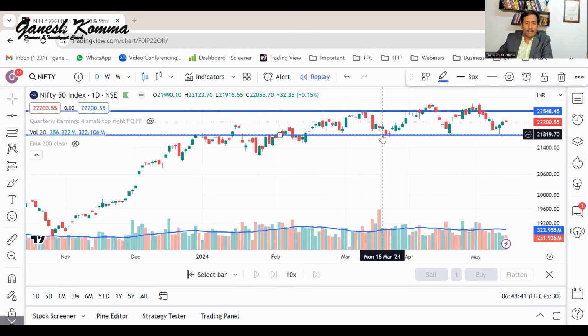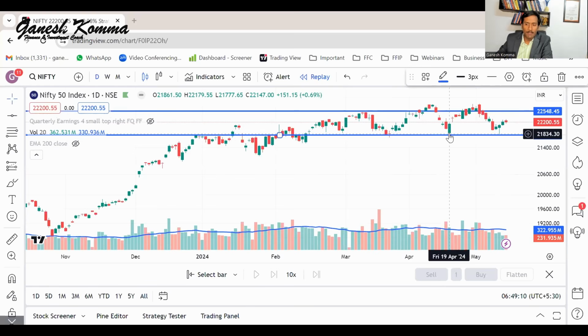If you're analyzing a particular stock or this index, even here you see that the index has advanced, and from December it again declined, and again it started attempting. Again in March, it found support at this level of 21,790, or you can read it as 21,800, and started moving again.